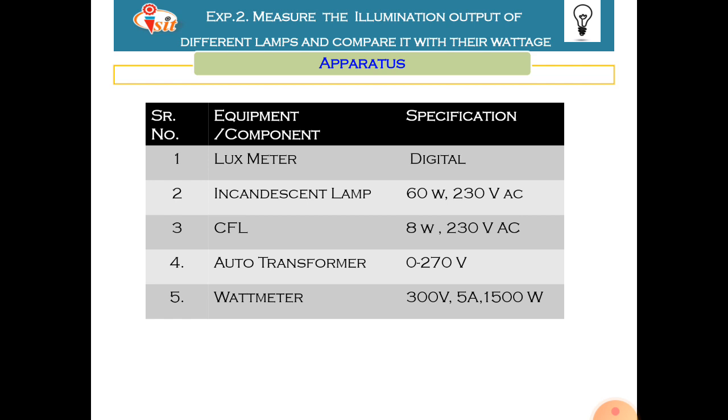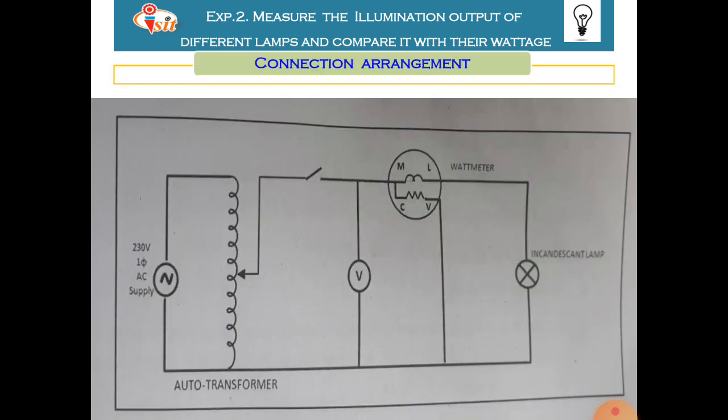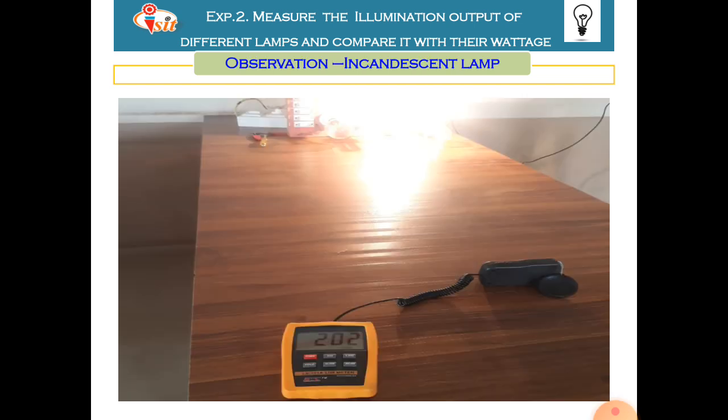This is the list of apparatus required for conducting the experiment: lux meter, incandescent lamp, CFL, auto transformer, and watt meter. The same connection arrangement is used here as in experiment number 2. Continuing with that, we take a reading for the incandescent lamp.